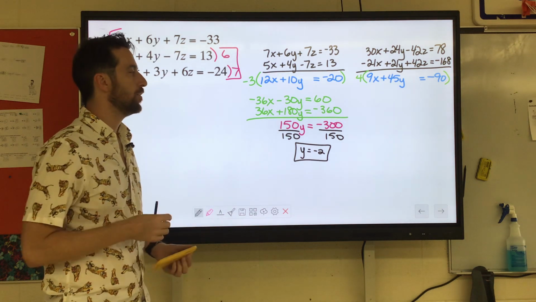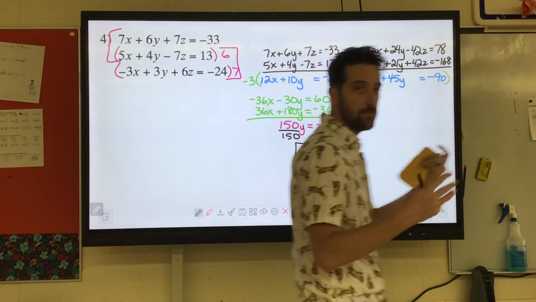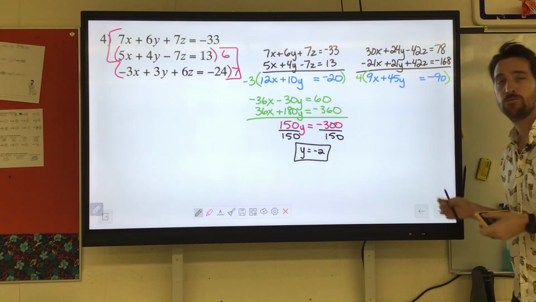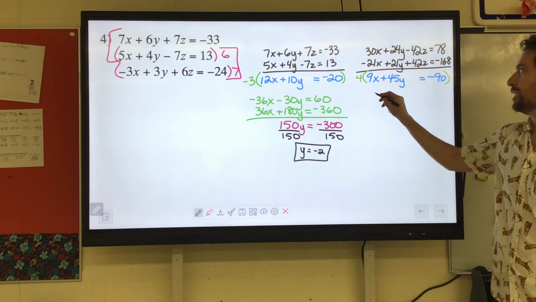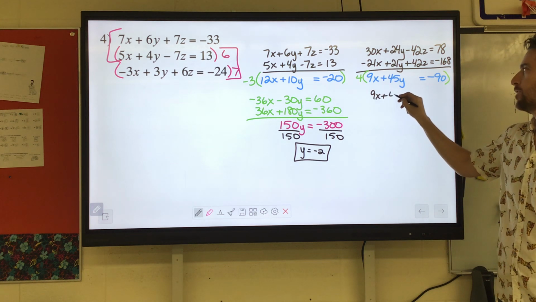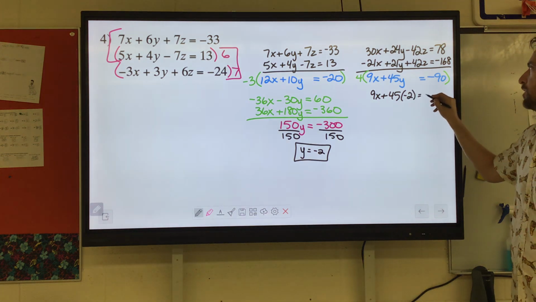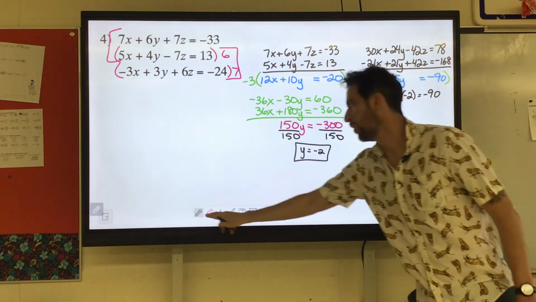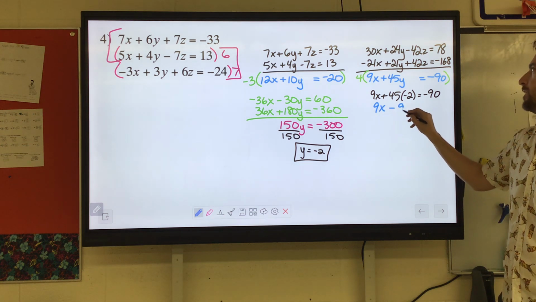You can use any equation. I've said it 4 times at this point. I'm only choosing this equation because there's the space there. Do whatever equation you want that has just 2 variables. So we have 9x plus 45 times negative 2 equals negative 90. We're almost there, folks. 45 times negative 2 is negative 90.